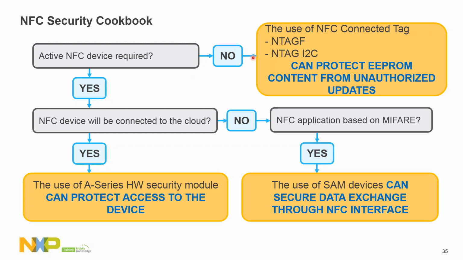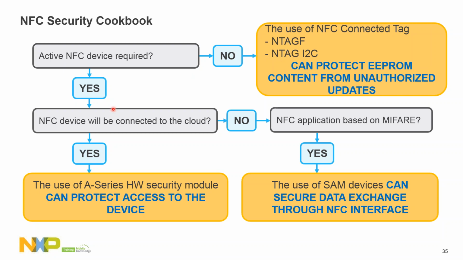If this is not the case, then your NFC device will include an NFC connected tag, and depending on the application requirements, as we have seen, we can use the features offered by these products to protect the EEPROM content of the NFC tag from unauthorized access.